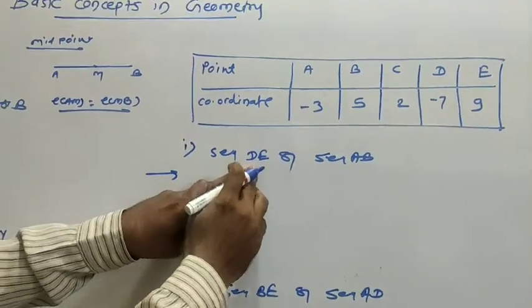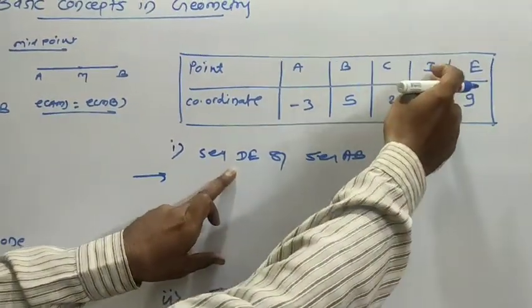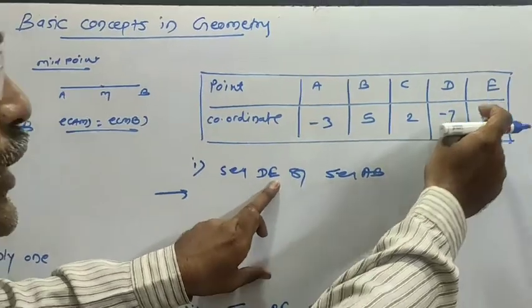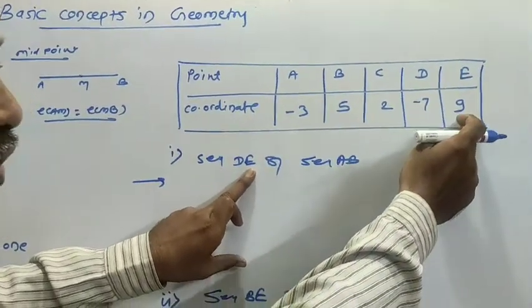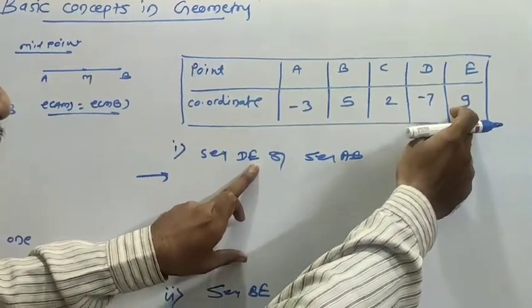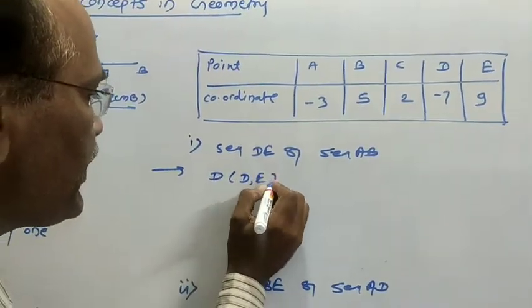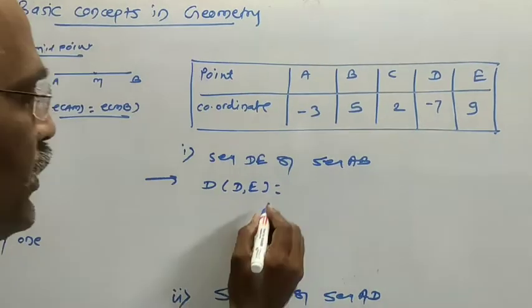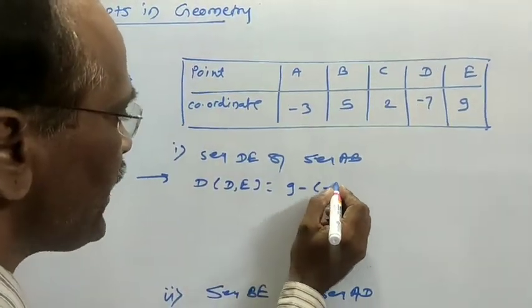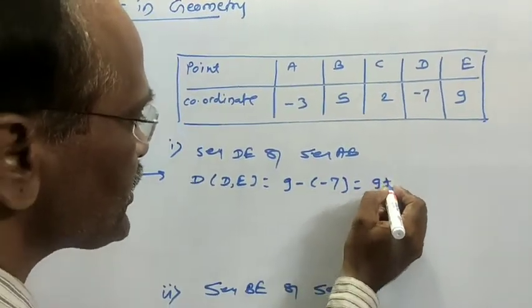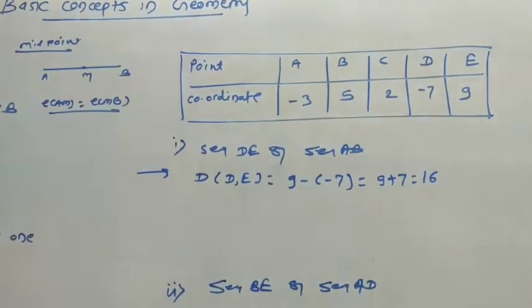Coordinate of point D is -7, coordinate of point E is 9, which is greater. Therefore, distance DE equals 9 minus -7, which means 9 plus 7 equals 16.